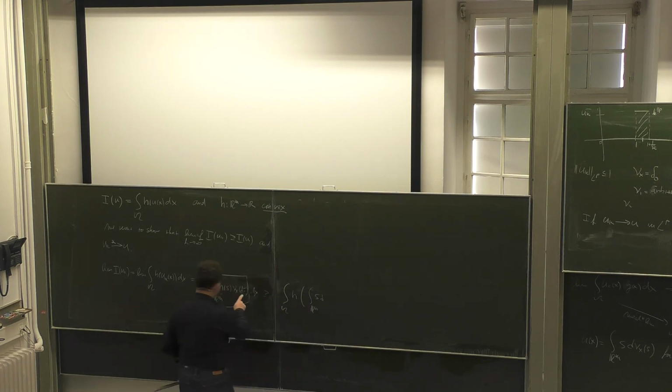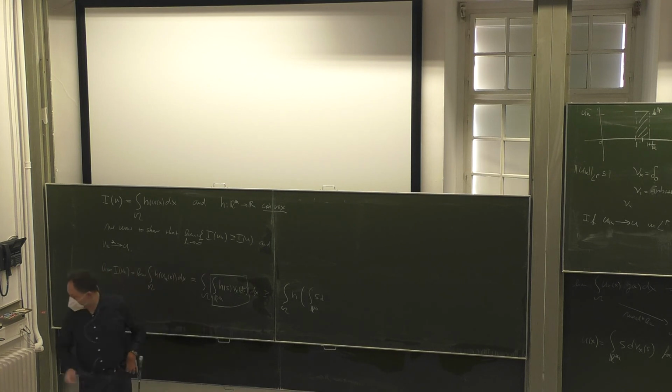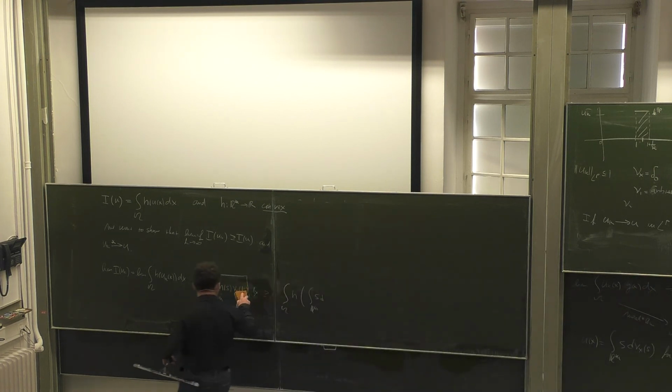I'm sorry. I like this notation much more, and this is from Dunford-Schwartz, but people normally don't use it. So I rewrite this: I write d nu_x of s as before.